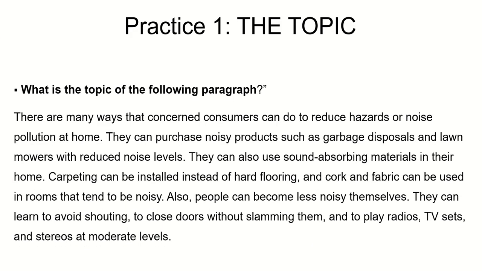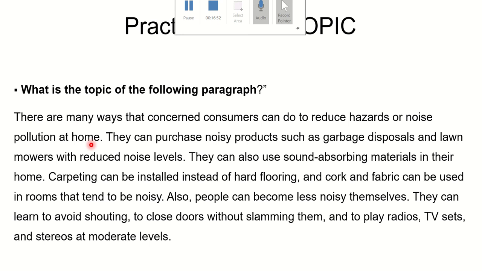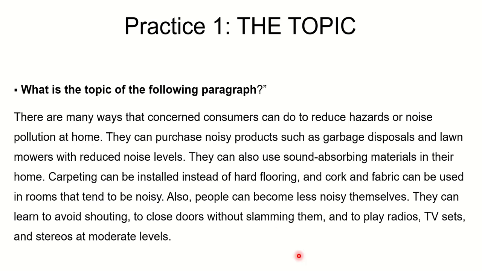Now for this one, try to read through this, and then try to identify which one is the topic. I'm not asking for the topic sentence, I'm asking for the topic. There are many ways that concerned consumers can do to reduce hazards or noise pollution at home. They can purchase noisy products such as garbage disposals and lawnmowers with reduced noise levels.